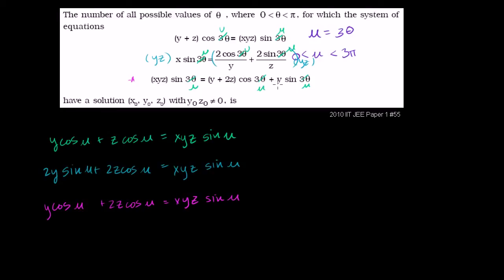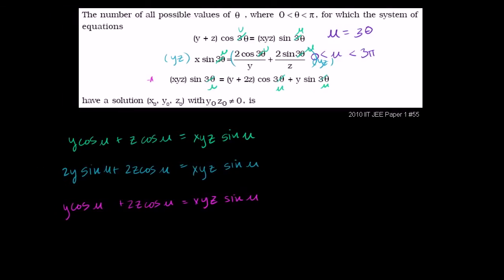That's that times that, plus y sine of u. So let me scroll a little bit. So I've rewritten these three equations. The problem looks a lot less daunting right now. And let's try to figure out the number of u's between 0 and 3 pi that will give us a solution here.